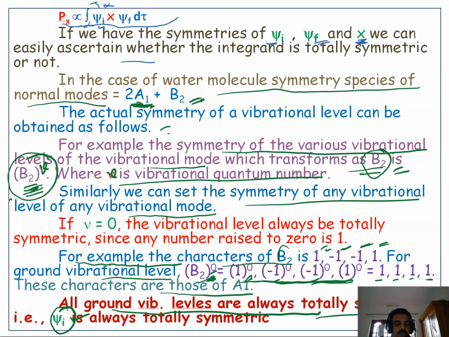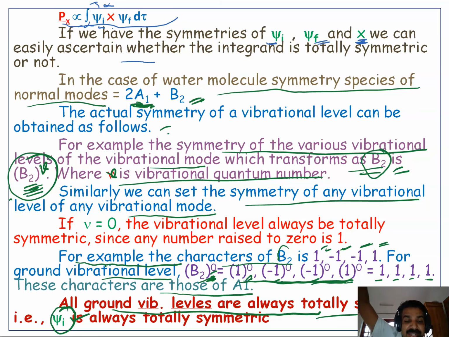In vibration spectroscopy, you might have studied that the transition mainly occurs from the ground level to the first level. I think you might have remembered that in vibration spectroscopy, all the molecules are in the ground vibration level first.